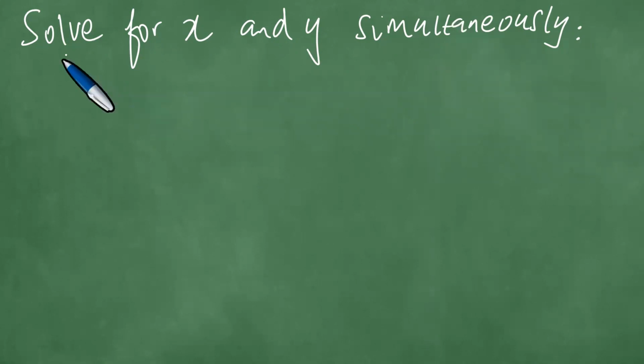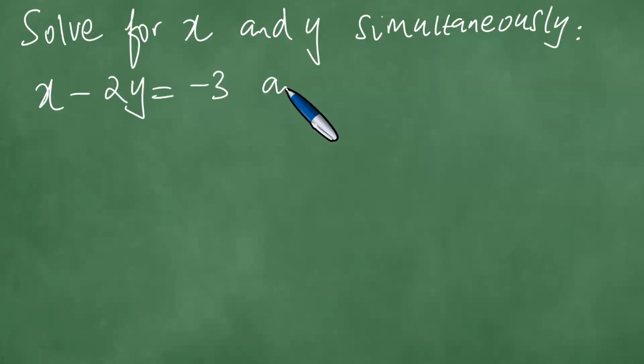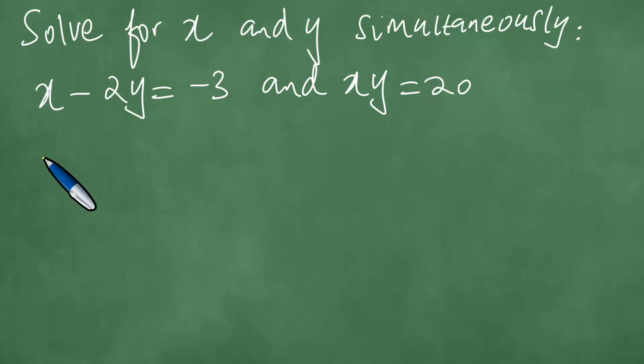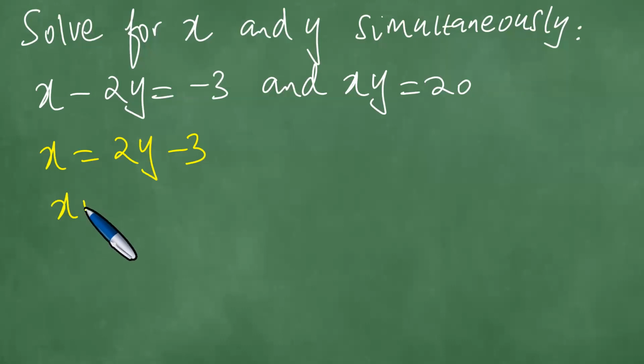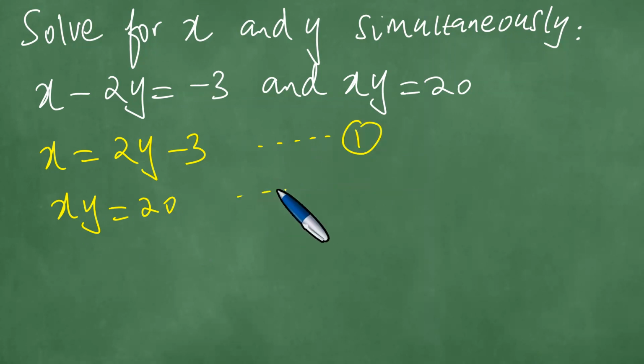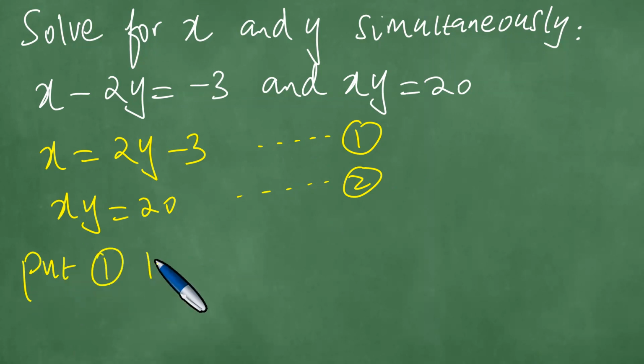Solve for x and y simultaneously when you have x minus 2y equals minus 3, and xy equals 20. So we have x equals 2y minus 3 and xy equals 20. Put 1 into 2.